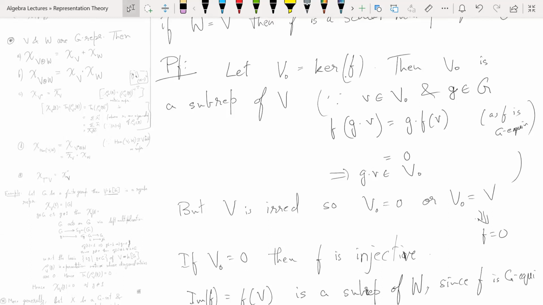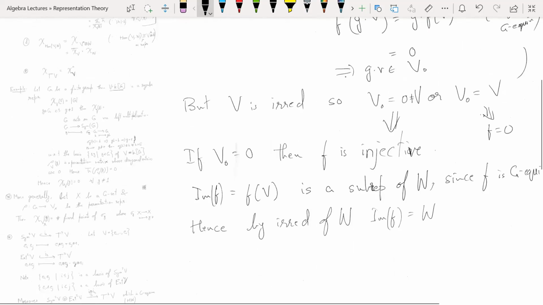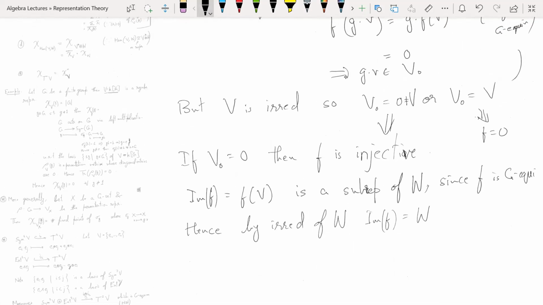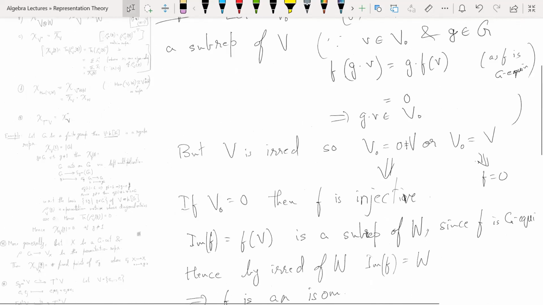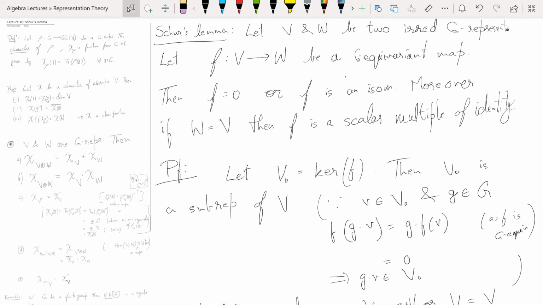We are assuming V is non-zero, so V0 is 0, which is not equal to V. So we are in this setup, which implies f is an isomorphism. That proves the first part of Schur's lemma: f is either 0 or an isomorphism.